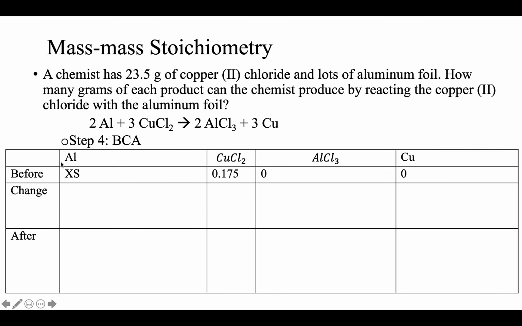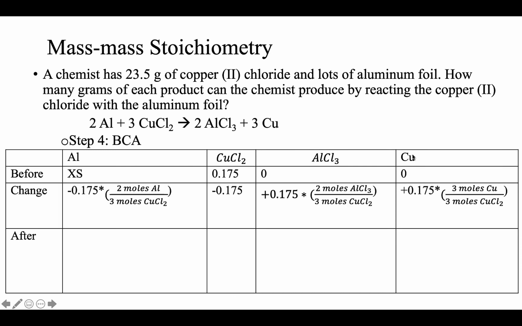Before the reaction, I can assume that my aluminum is in excess, and copper 2 chloride has 0.175 moles as calculated. Before I combine these two reagents together, I should have 0 moles of aluminum chloride as well as 0 moles of copper. Next, I can take a look at the change. I will use up all of my copper 2 chloride, so minus 0.175.